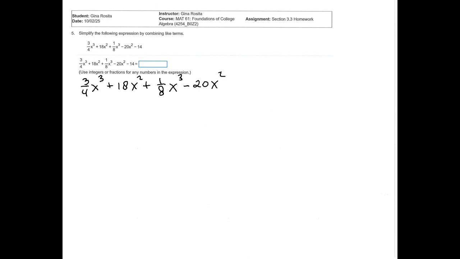Okay, so now I'm going to put together the cubes: 3 over 4 x cubed plus 1 over 8 x cubed.